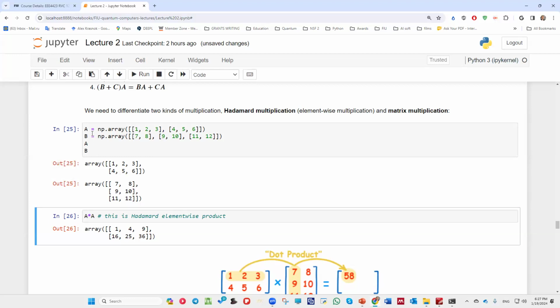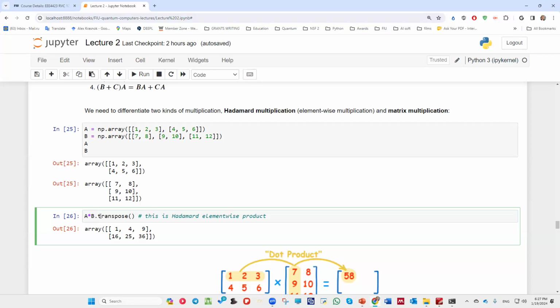However, if I have another matrix of a different shape, for example, my matrix A is 2 by 3, but matrix B is 3 by 2, so the shape is different.